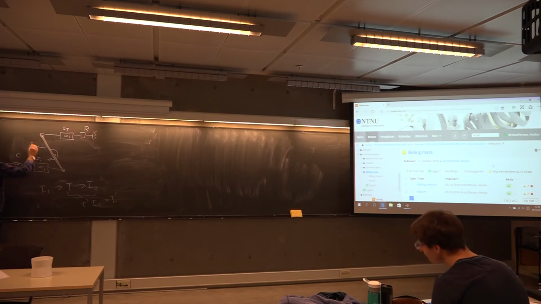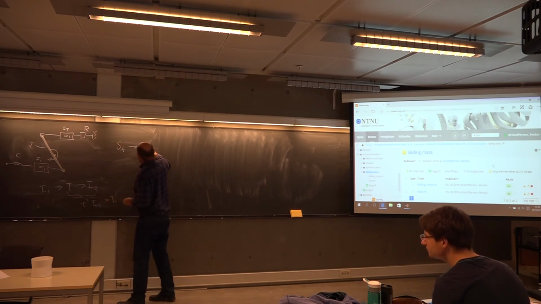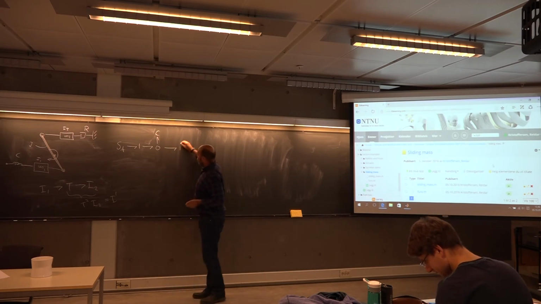Call it J. And it rotates, so J has to be calculated according to the rotational point, of course. What will the bond graph look like now? Well, flow source, and then a 0 to the C element, one junction for mass number 1.